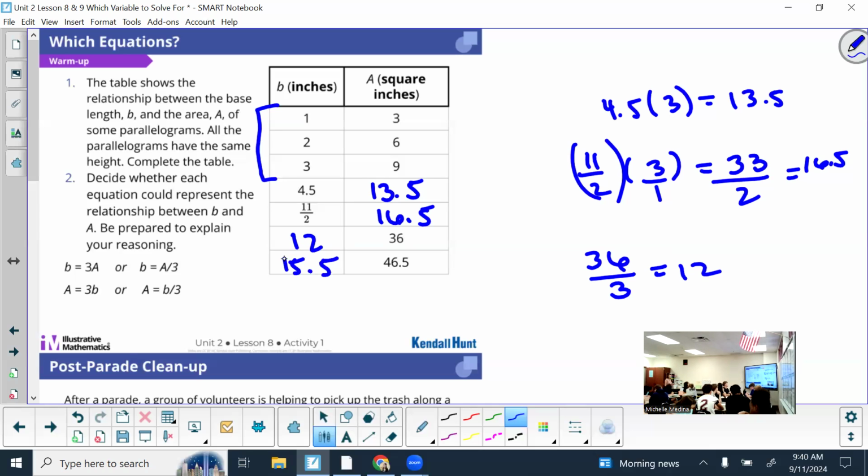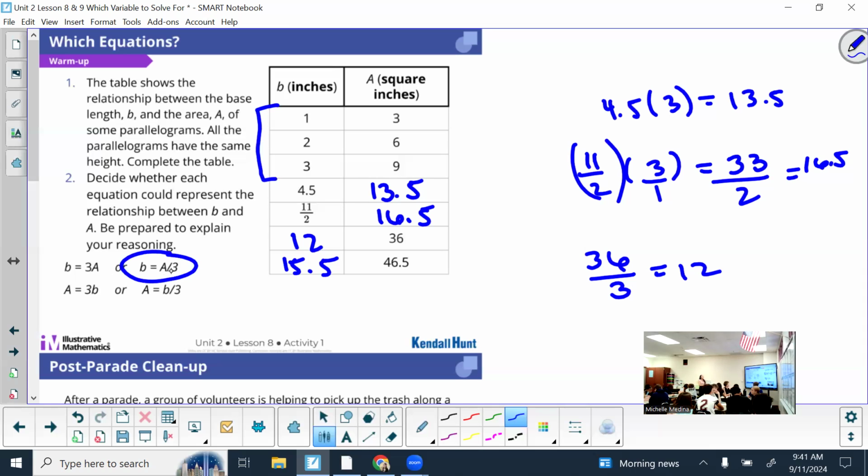All right, so then table 9 for this first set. You had to decide whether each equation could represent the relationship between B and A. So do you think B equals 3A or B equals A over 3 is better? B equals A over 3.